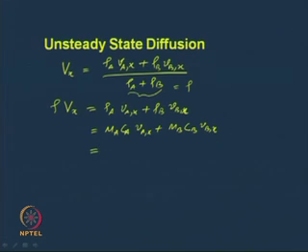This will be equal to MA NAx plus MB NBx. NA and NB are the molar fluxes.